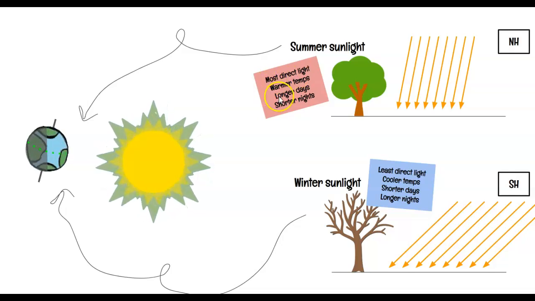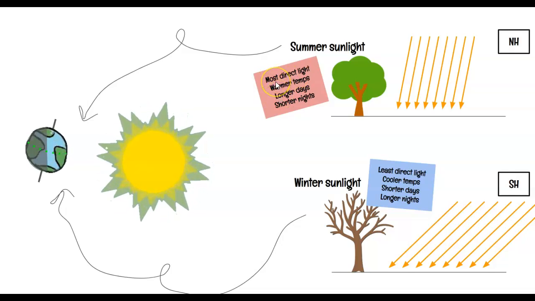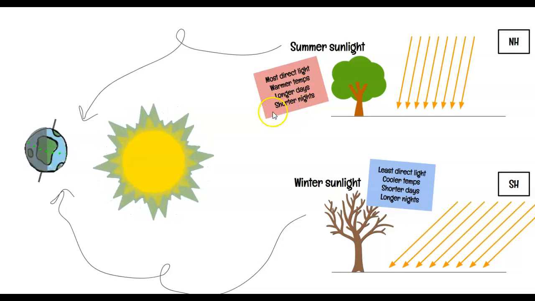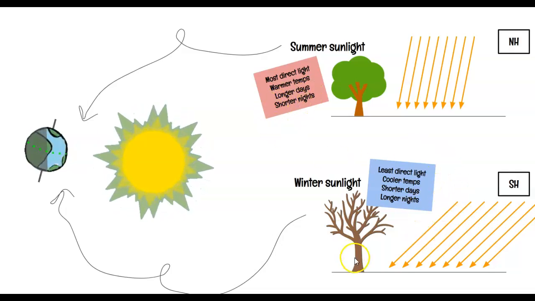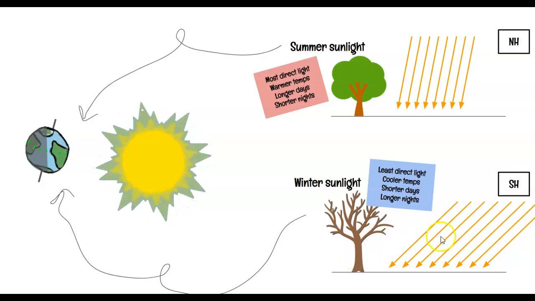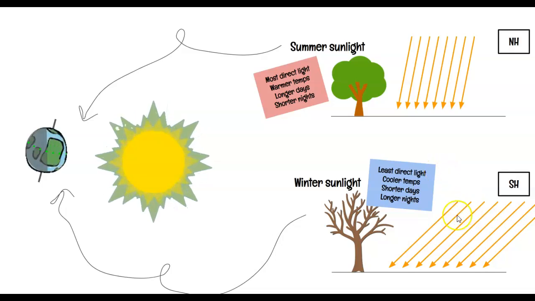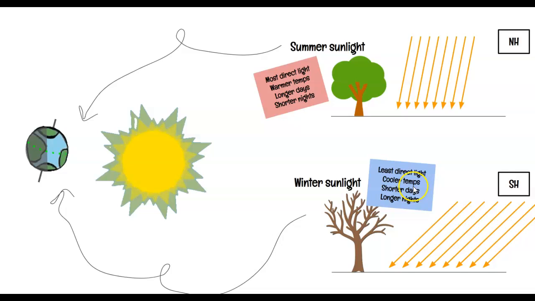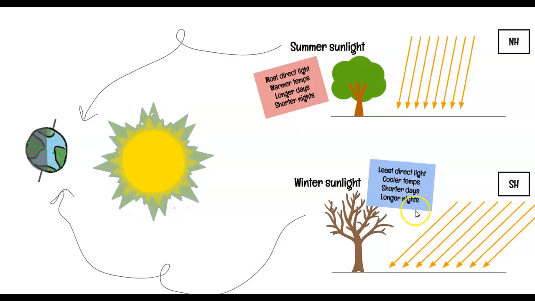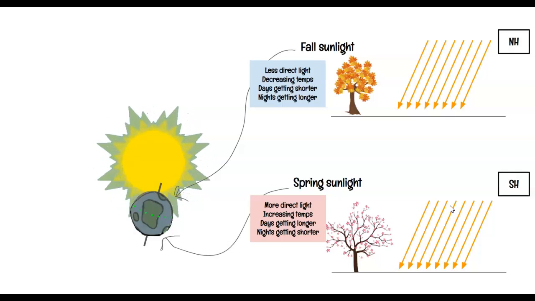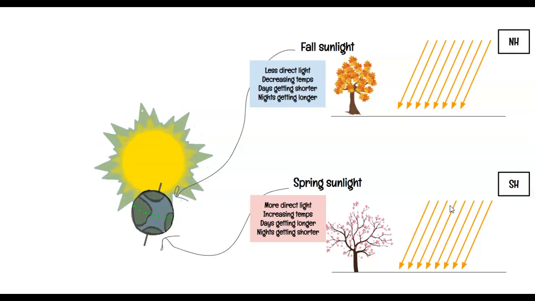And because the sun is in the sky higher, we get longer days and shorter nights. The opposite happens in winter when the hemisphere is tilted away from the sun. The angle is lower, so we get the least direct light, which leads to cooler temps, shorter days, and longer nights. As we continue that revolution around the sun, we see changes that happen throughout the year.